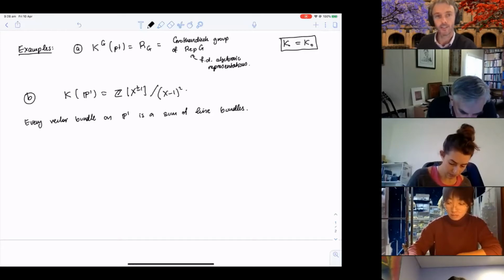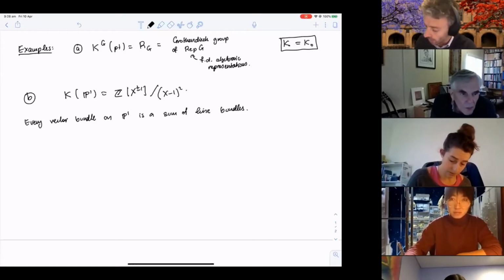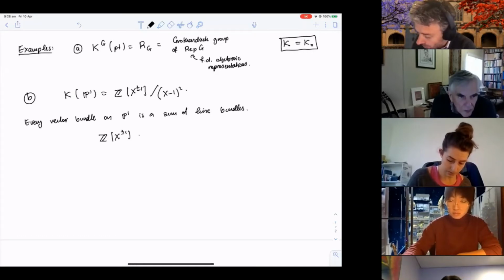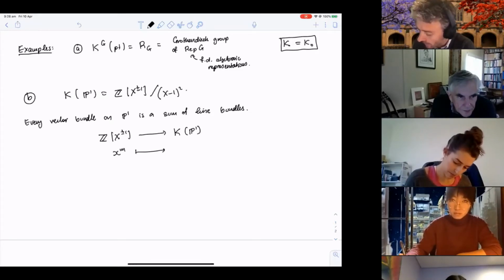And what we're taking is the Grothendieck group of the exact category of vector bundles on P1, if you will. And so we have a surjection onto the K theory of P1 that sends x to the m to the class of O of m.